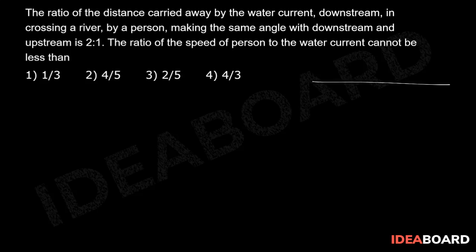So suppose that this is the river and I'm considering here that this is the downstream case. Suppose there is a person at point A and it wants to cross the river like this.